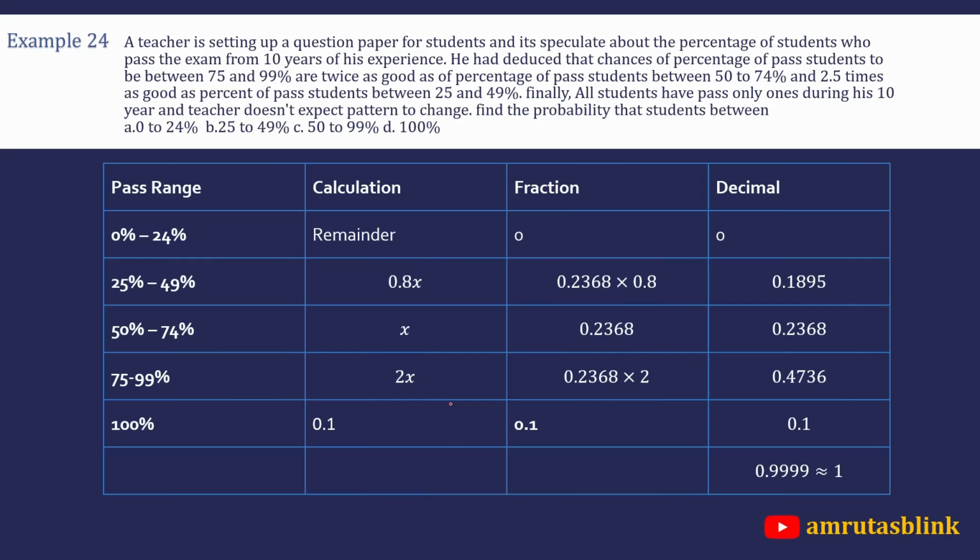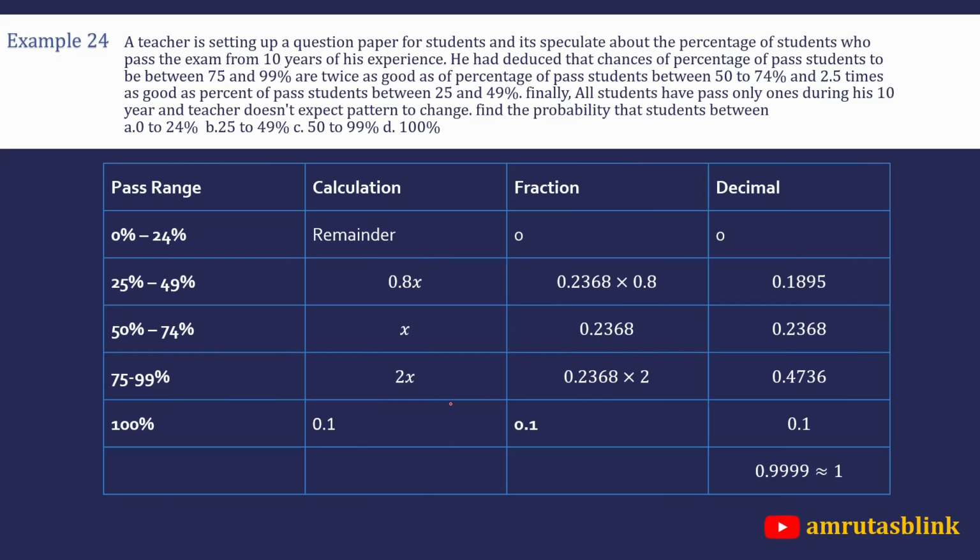Then for 25 to 49% it is 0.8x, that is 0.2368 into 0.8, which is equal to 0.1895. And for 75 to 99% it is 2x, that is 0.2368 into 2, which is equal to 0.4736. And for 100% it is already given that it's 0.1.